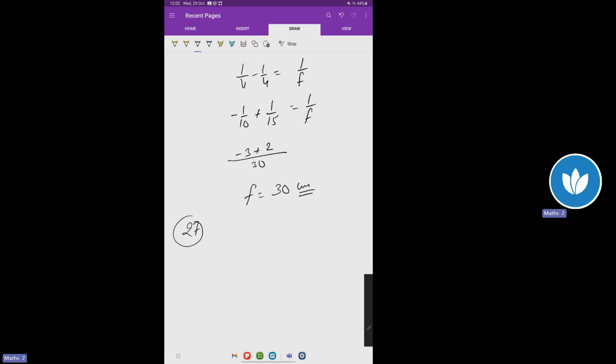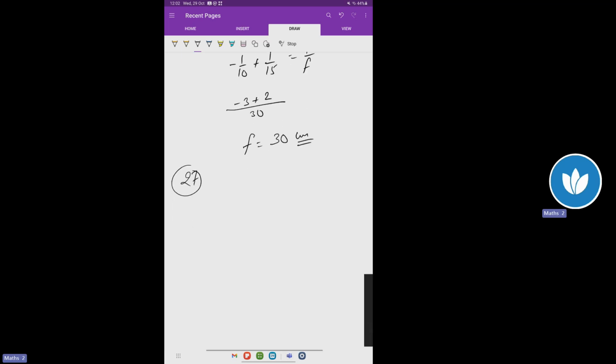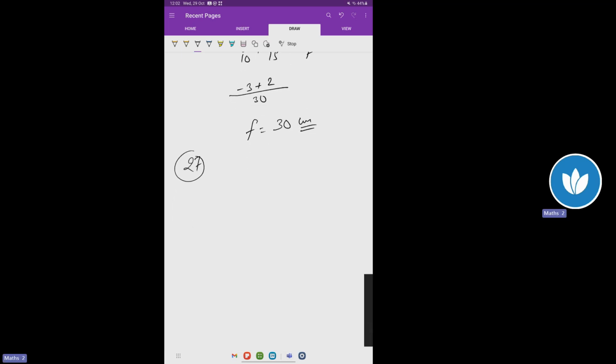27. A parallel paraxial beam of light is incident on a glass sphere of radius 10 centimeter along its diameter AB from one side as shown. If all the rays after refraction converge at point B, then calculate the refractive index of the glass sphere.